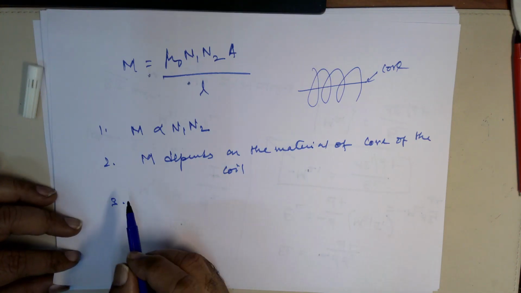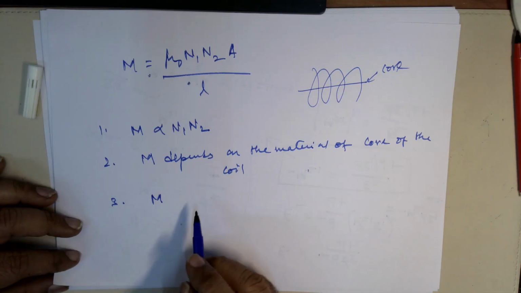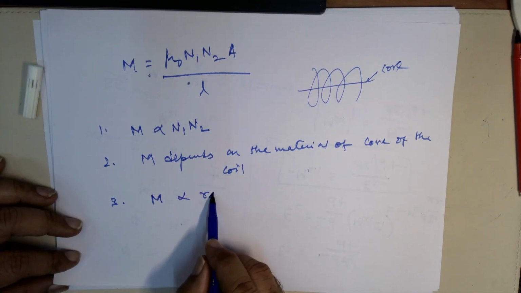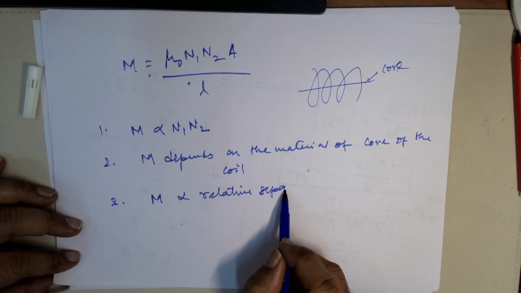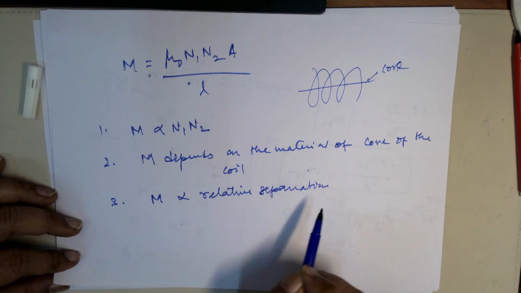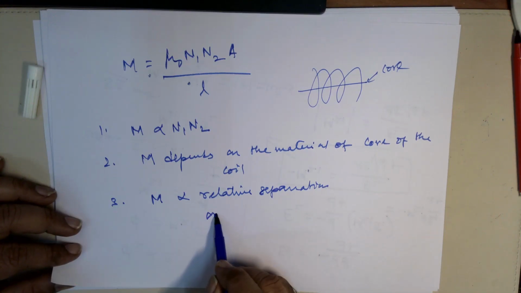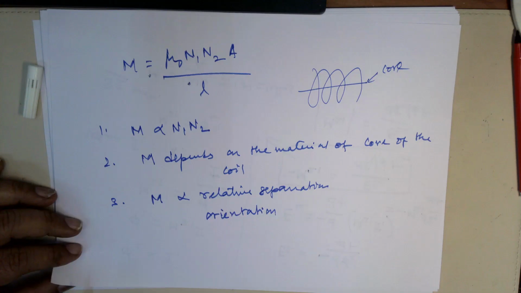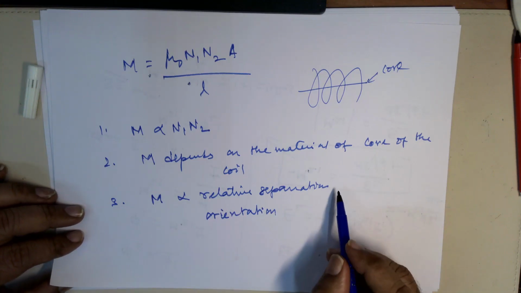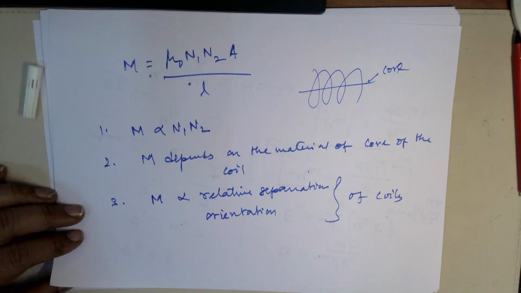Then M depends on the relative separation and orientation of the two coils.